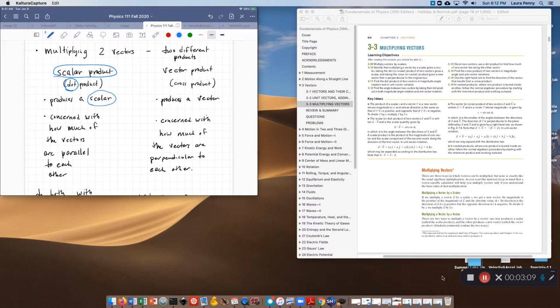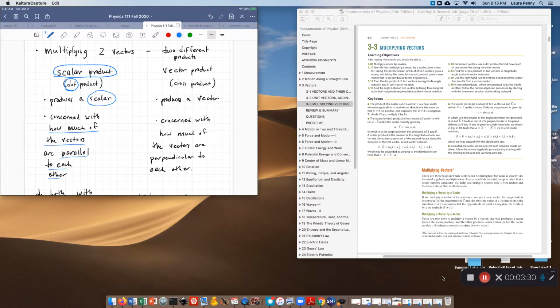What this scalar product is really concerned with, what it's asking when it does the product, is how much of these two vectors are parallel to each other. It's only going to multiply the components that are parallel to each other. The parts of those vectors which are perpendicular to each other, it will not multiply.